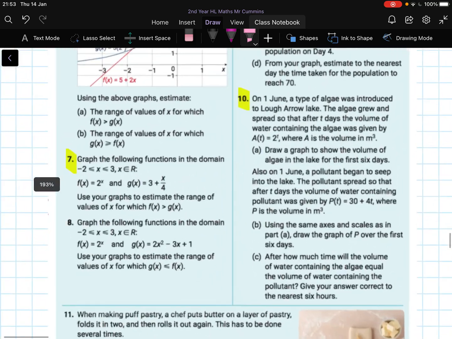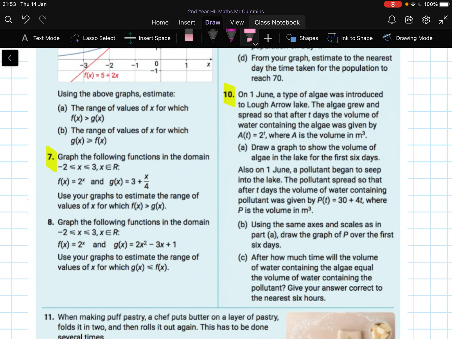This is question 7. Graph the function in the domain -2 is less than or equal to x is less than or equal to 3. So it's just another exponential function. I put this one in because of this, but really it's exactly the same. They want you to do a table out for f of x, which is 2 to the power of x.